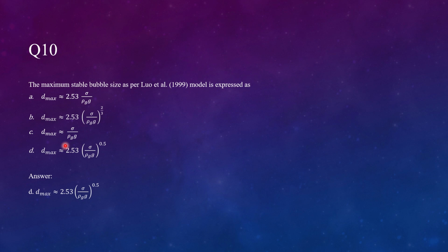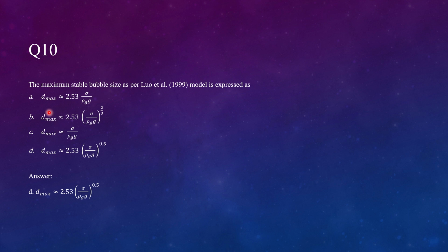Here sigma is the surface tension force, rho G is the density of gas, and g is the acceleration due to gravity, that is 9.81 meter per second square. So the maximum stable bubble size according to the Liu et al. model is expressed as 2.53 into sigma divided by rho G into g, whole power 0.5, or the root.